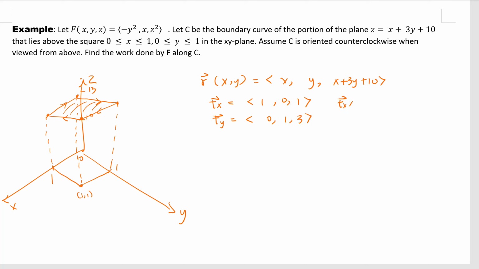Well, T_x cross T_y is the determinant of i, j, k; 1, 0, 1; 0, 1, 3. The i component is the determinant of this, 0 minus 1, so minus 1. The j component, negative j, so we have 1 times 3, minus 3. And the k component, the determinant of this guy, is just 1. So far so good, everybody?